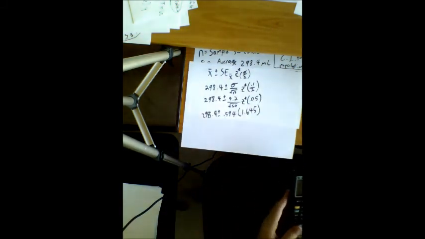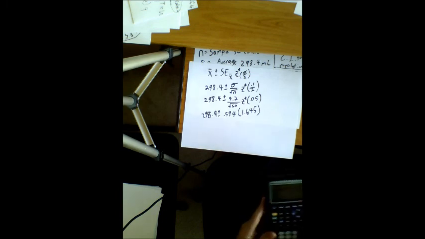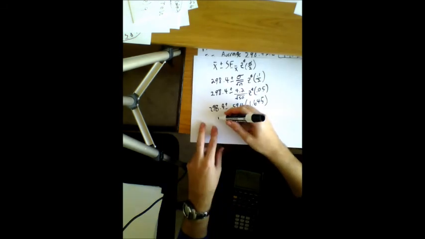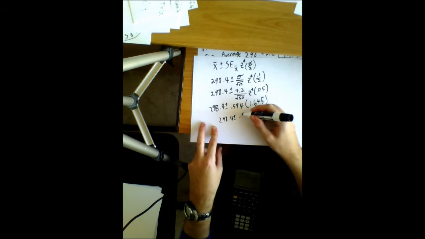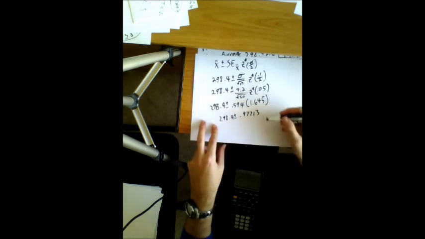Multiplying these two together, we have 0.594 times 1.645. You get 298.4 plus or minus 0.97713.